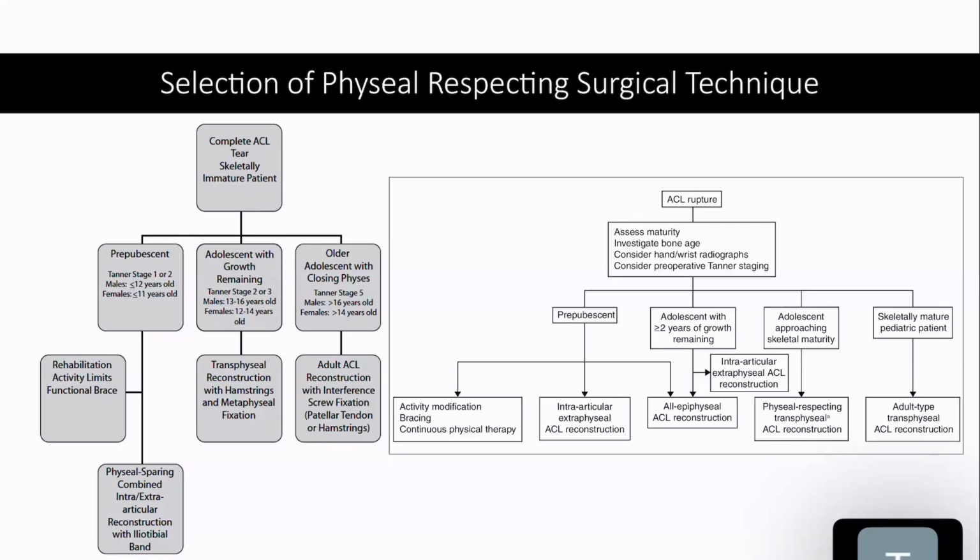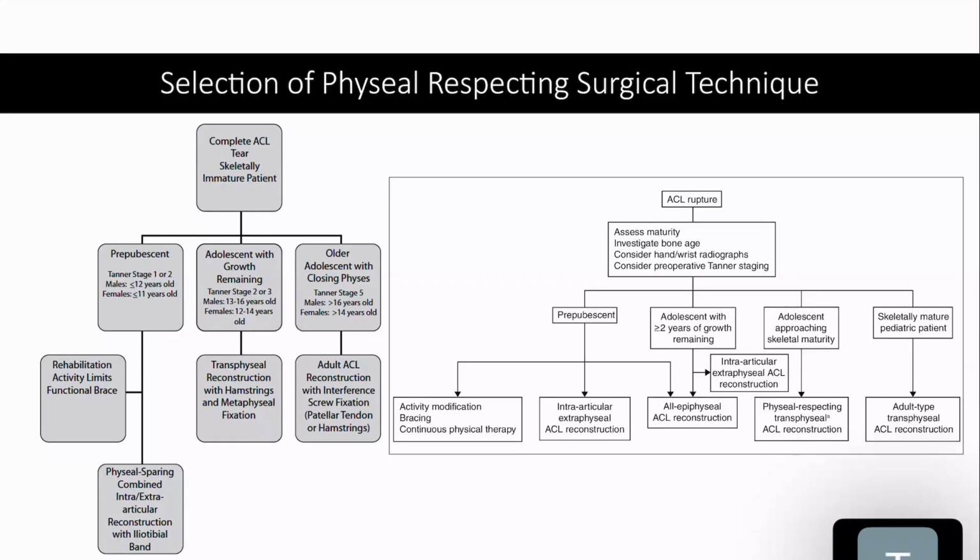It would have to be all epiphyseal on the femur and the tibia if there is adequate bone stock. And oftentimes in those younger patients, there's not enough bone stock to comfortably get a tunnel, usually through the proximal tibia. And the IT band is a little bit easier to do because then you don't have to worry about potentially getting too close to the growth plate.